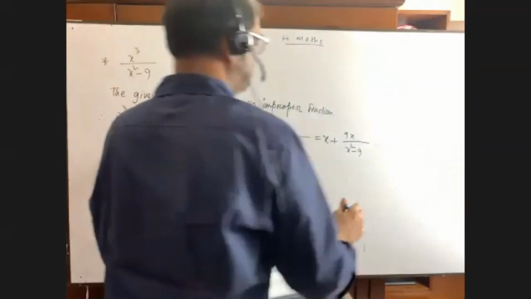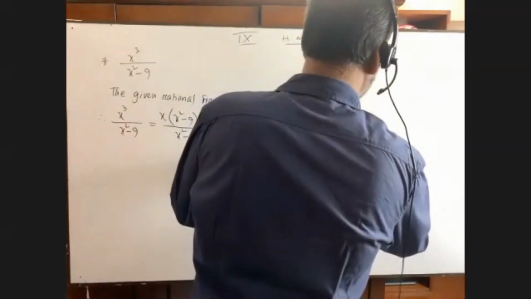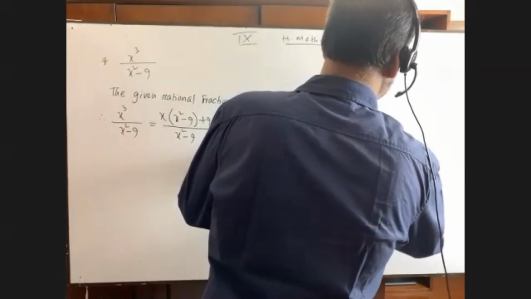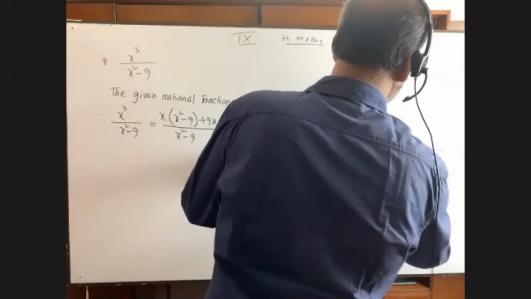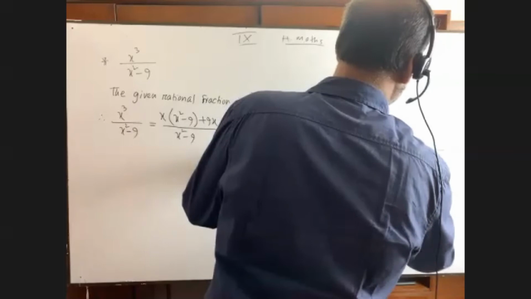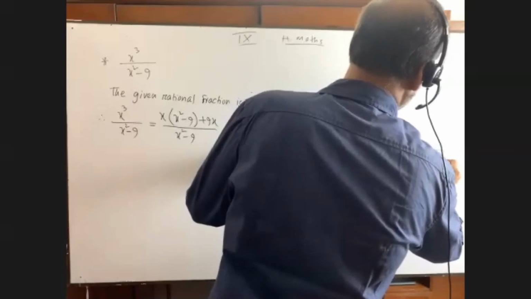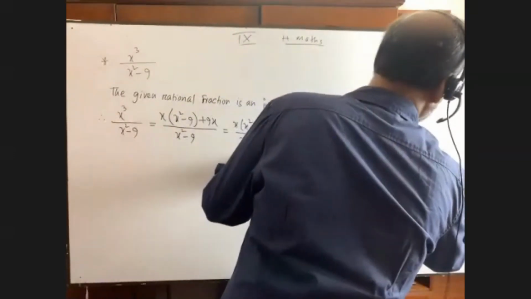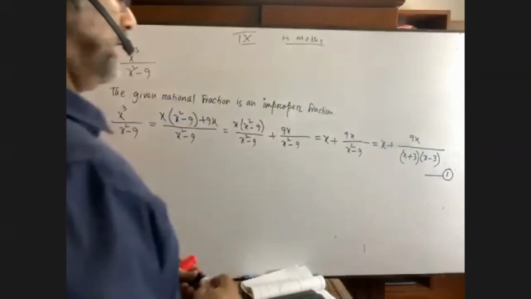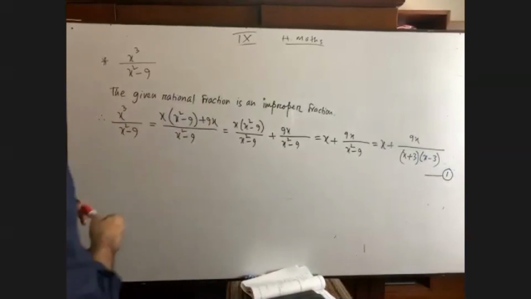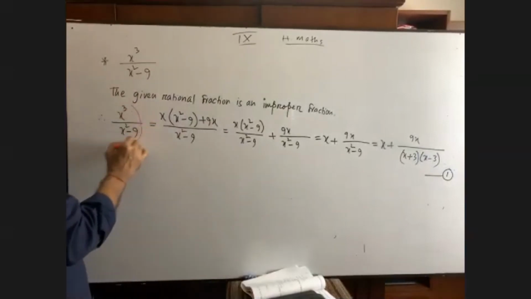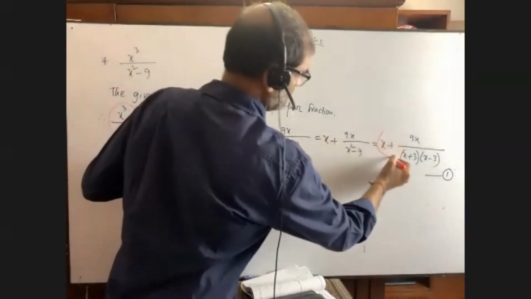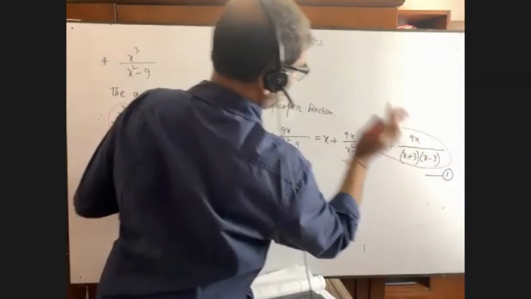Or you can write here x plus 9x by x plus 3, x minus 3. Now it is our 1. We have got this equal to this. Now it is our math.